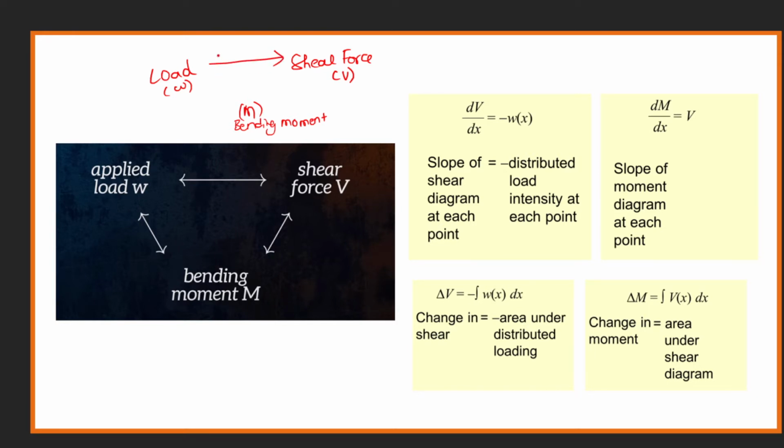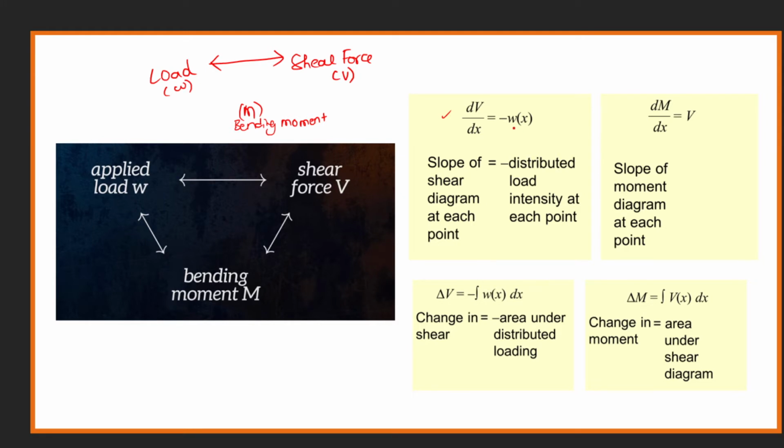All of these 3 are dependent. So, load and shear force are dependent. So, what is the relationship between shear force and the applied load? This is the relation.